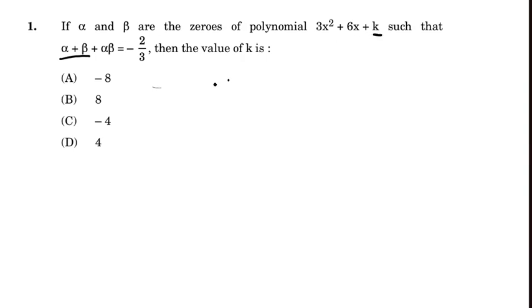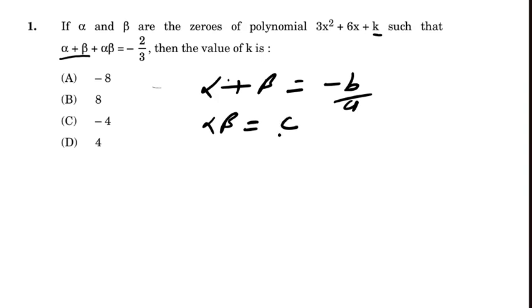So we know that alpha plus beta, the sum of the roots, is equal to minus b by a, and we also know alpha beta, the product of the roots, is c by a. Here b is 6, so minus 6 by 3 is equal to minus 2, and c by a is equal to k by 3.